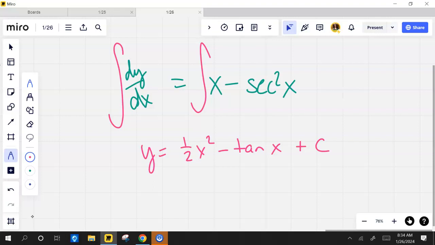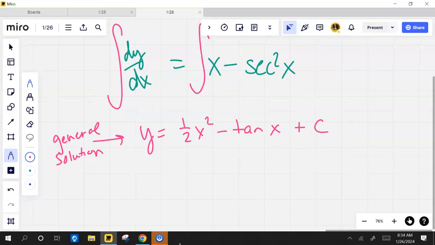Find the particular solution to the equation. This is my general solution. Find the particular solution when x equals 0 and y equals 3.